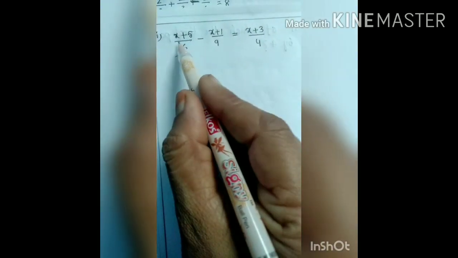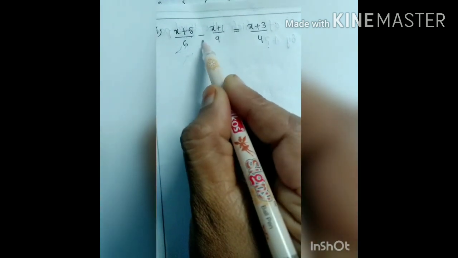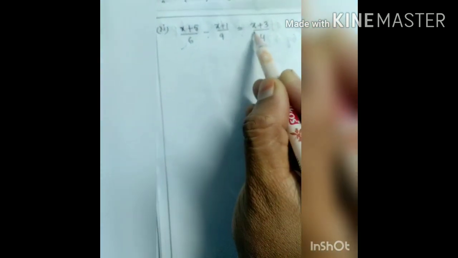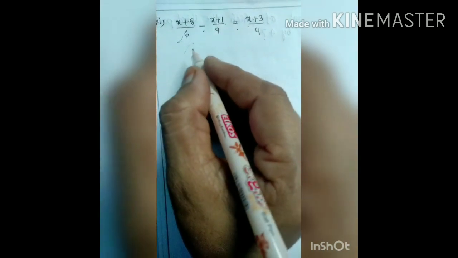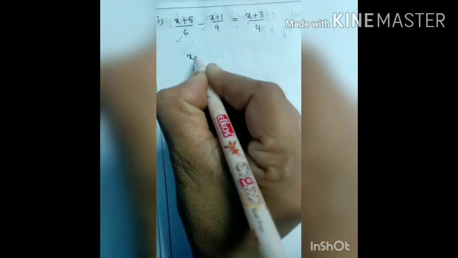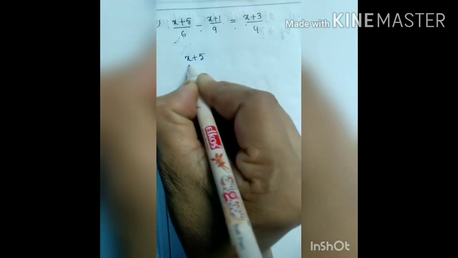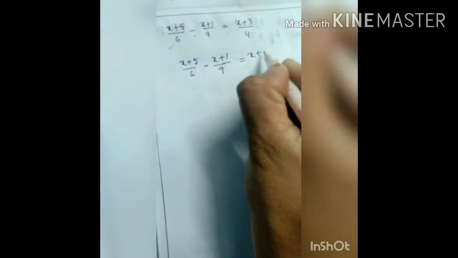Next question, x plus 5 by 6 minus x plus 1 by 9 equal to x plus 3 by 4. It is the 11th question. So here x plus 5 by 6 minus x plus 1 by 9 equal to x plus 3 by 4.